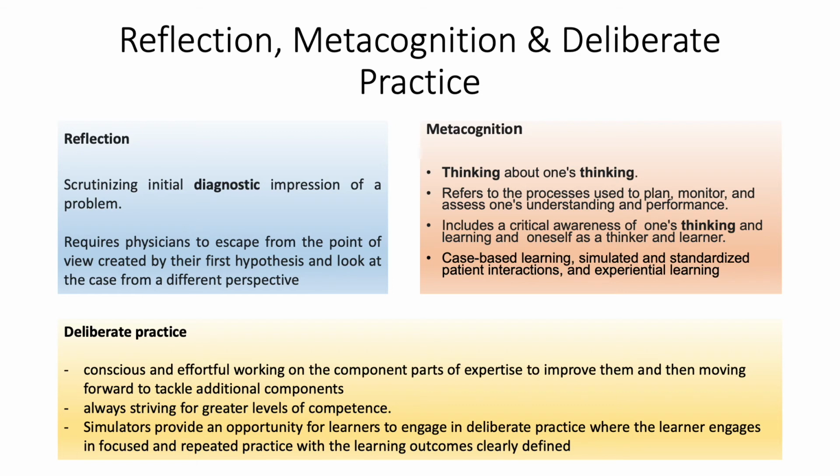We should then give a clearly defined learning outcome for them, and give them a goal to achieve, and then they just keep on working on that. So this is deliberate practice on that particular set of skills.